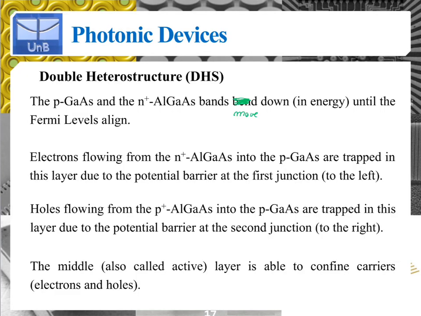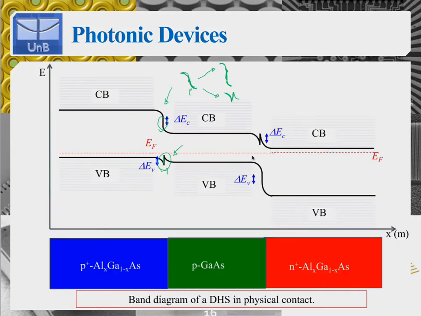Another important consideration is that electrons flowing from the heavily doped N-type material into the center P-type material are trapped in this layer, in the center material, due to the potential barriers at the first junction, the one on the left, right? So the electrons that have moved here, because this is an N-type material, so there will be a flow of electrons, they can't go up because this is now a much larger potential barrier than this was, right?